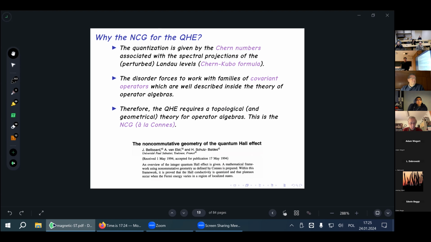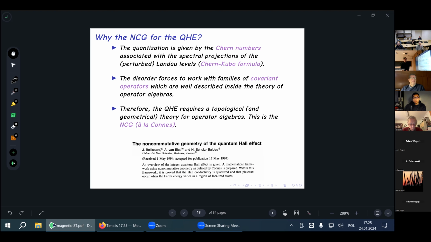Then, if we want to explain quantization and plateau at the same time, we need a theory of covariant families of operators, a theory in which we work with operator algebras, and then sometimes we need to reconstruct a topological quantity like a Chern number, or Chern character, maybe it's more correct.